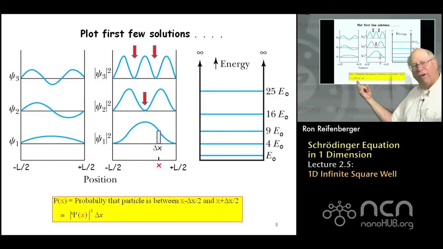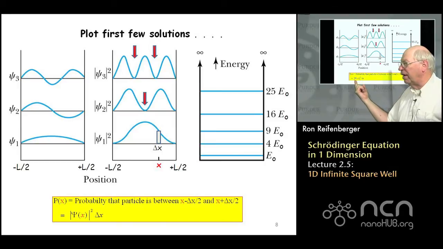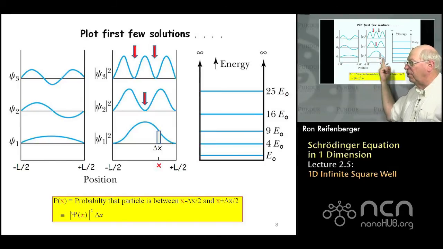Now, if this wave function psi is properly normalized, so the integral of psi star psi is set equal to 1, then this probability value is going to basically range between 0 and 1. And it just simply means that you'll have a unit probability of finding the particle in the box somewhere.